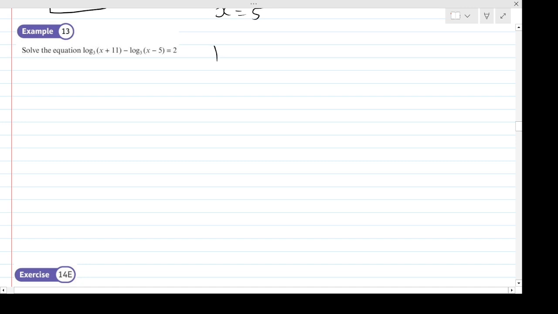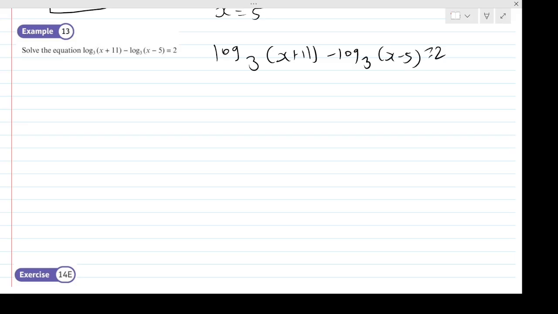So here we have log 3 of x plus 11 take away log 3 of x minus 5 equal to 2. So again, I need to combine everything as just one single log. Obviously there's no numbers in front, that's great. So I'm subtracting 2 logs, I can divide them.